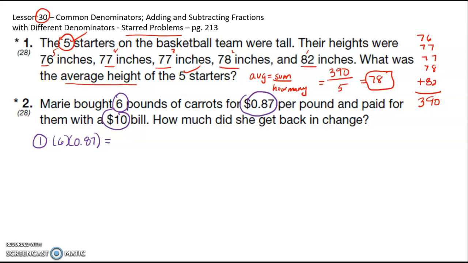Do that in our calculator, and I get $5.22. And then the second thing I'm going to do to find out how much she got back in change is I'm going to take the $10 that she used to pay the bill, and I'm going to subtract the $5.22, and I get $4.78 in change.